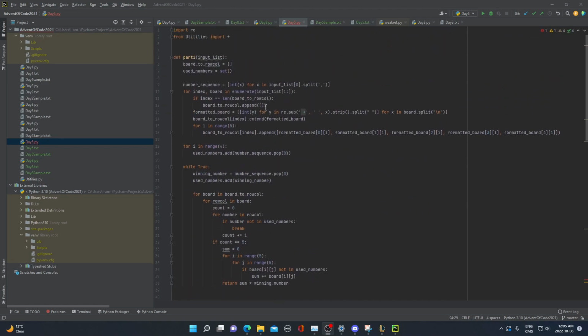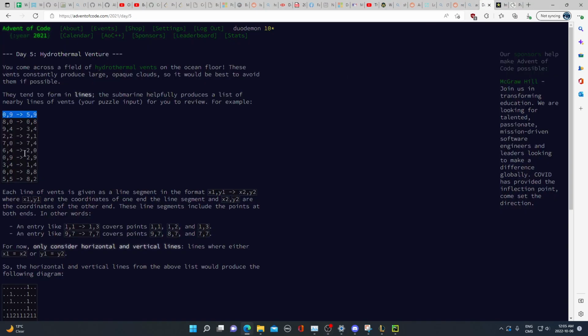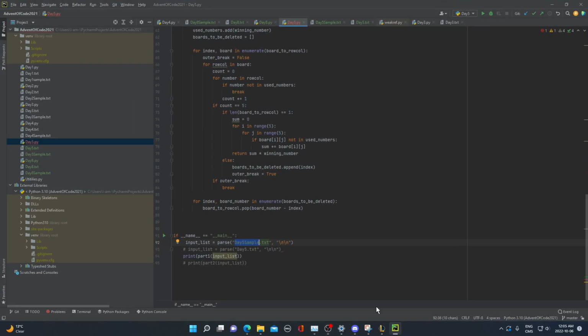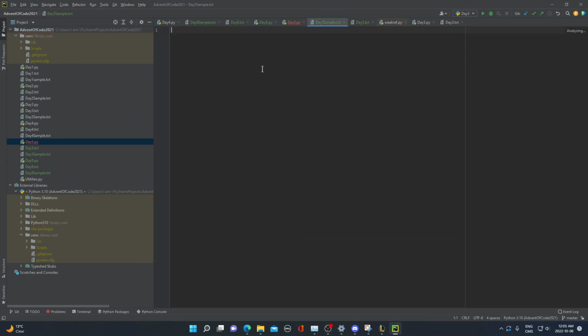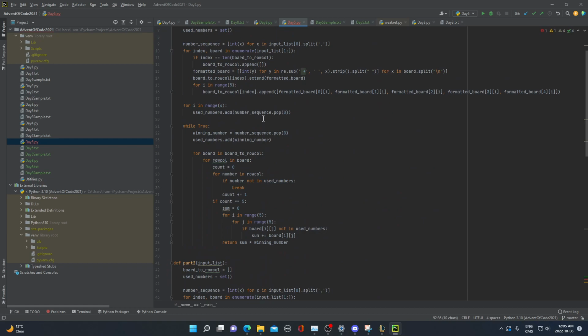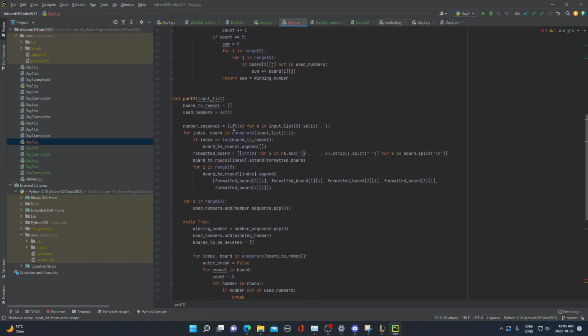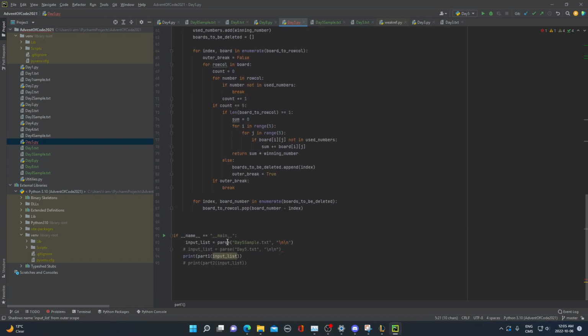So let's start off. You parse the sample text. Let me actually just copy and paste that one in. That should be good. Okay. All right, how do we split this up? So we have the input list. We parse it.